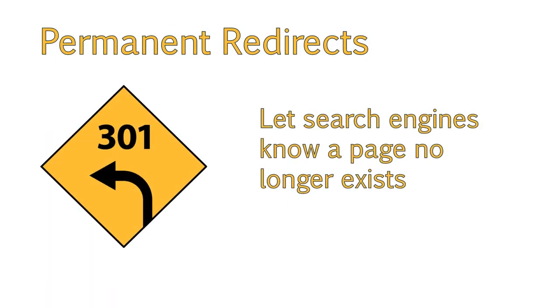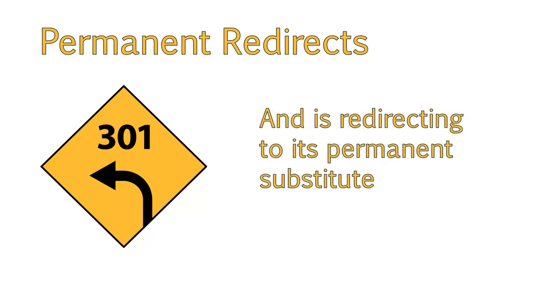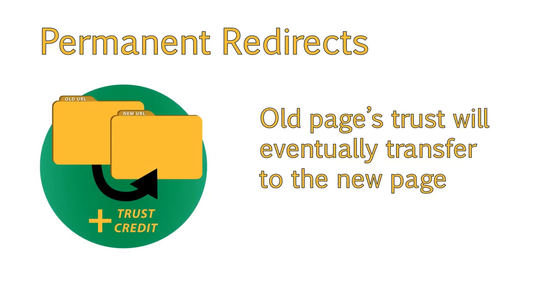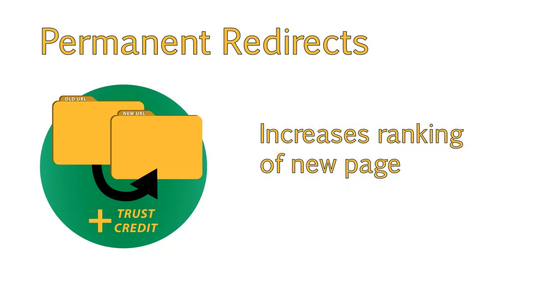In most cases, you want to use a permanent redirect, as this tells search engines that the page no longer exists and the page it is redirecting to is now its permanent substitute. This means that search engines will eventually credit the new page with the trust the old page had built up. This can help the newer page rank as well as the older page did in search results.